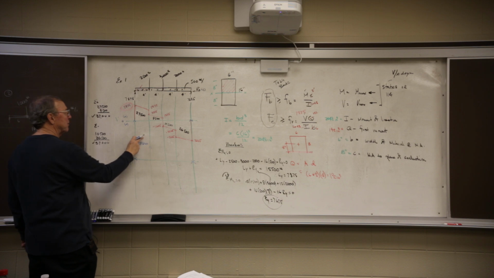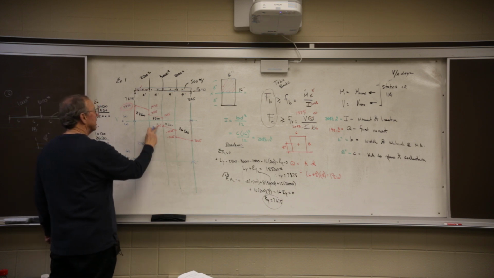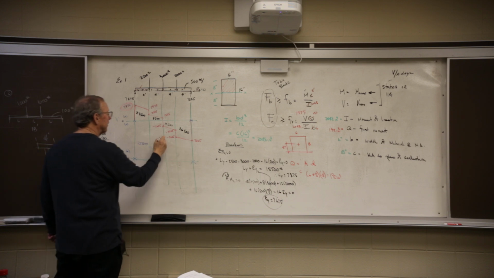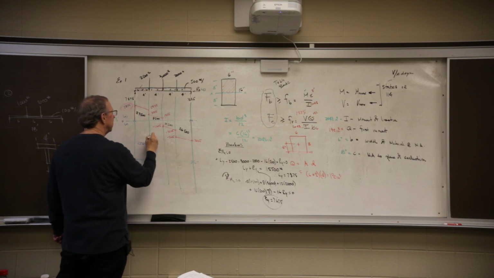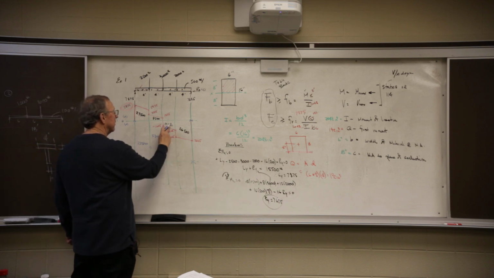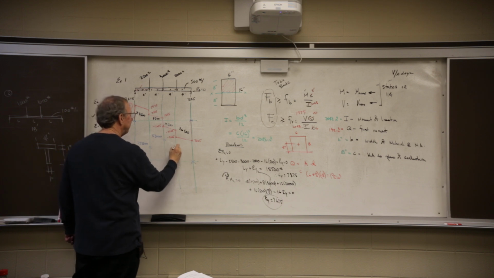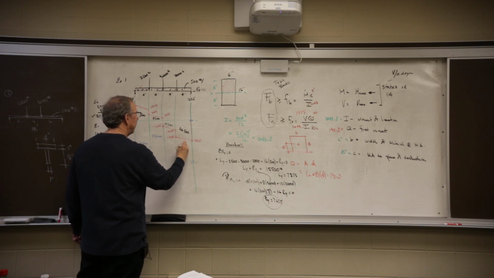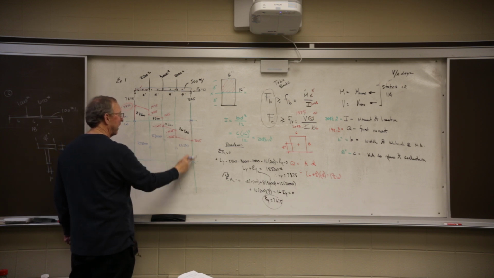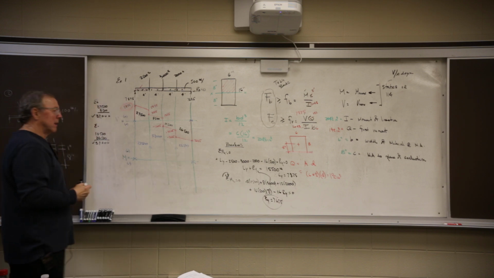The change in moment between this line and this line is plus 9,500, which gives me 37,000. Change in moment between this line and this line is minus 10.5. And change in moment between that line and that line is that, back to 0.